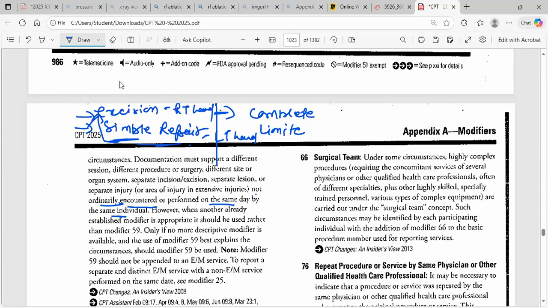So with that it will be a different condition regarding this. That's the only reason we are using 59, because it's an exceptional condition. It's an unusual circumstance that after doing the appendectomy, the doctor is redoing that ultrasound. So we are going to bill that ultrasound separately with the modifier 59.